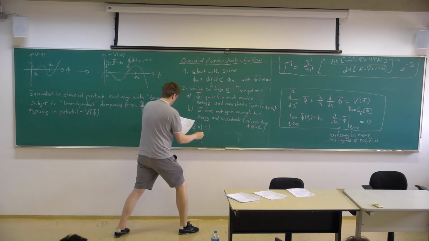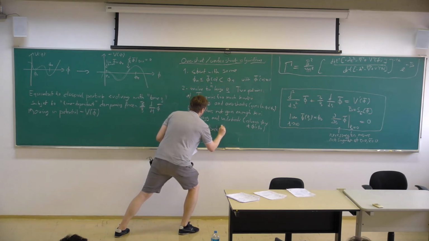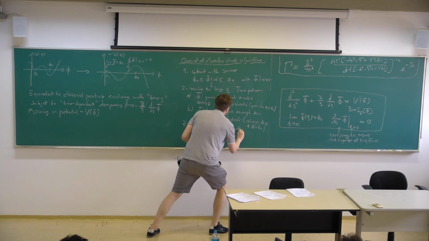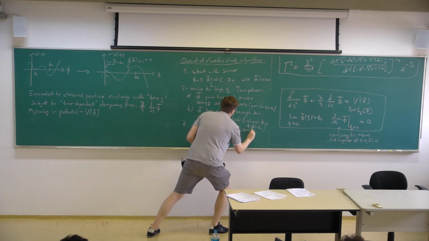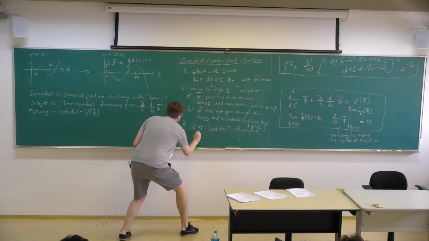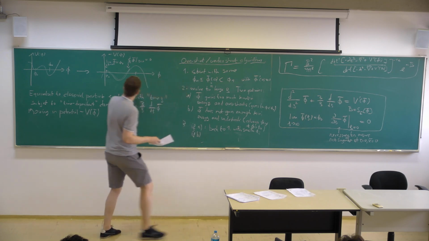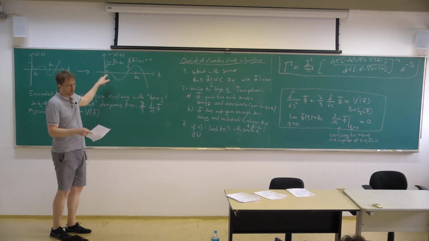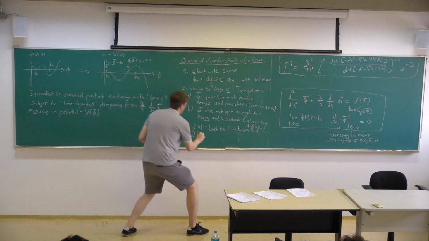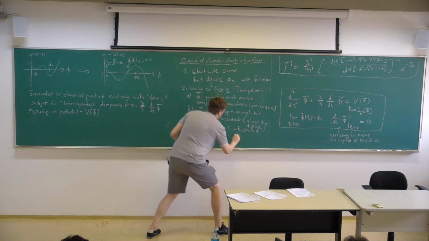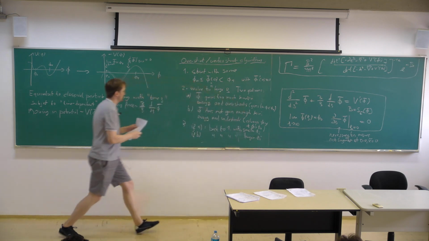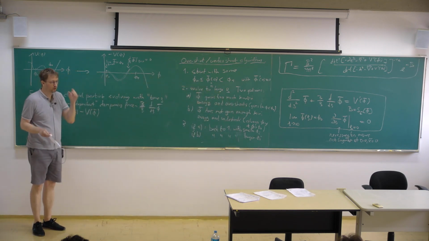So I go back to 1 with a smaller phi initial, then I'm less likely to overshoot. Or if it's B, then I should start with a larger phi initial. Then I have more kinetic energy and I'm more likely to reach this point.